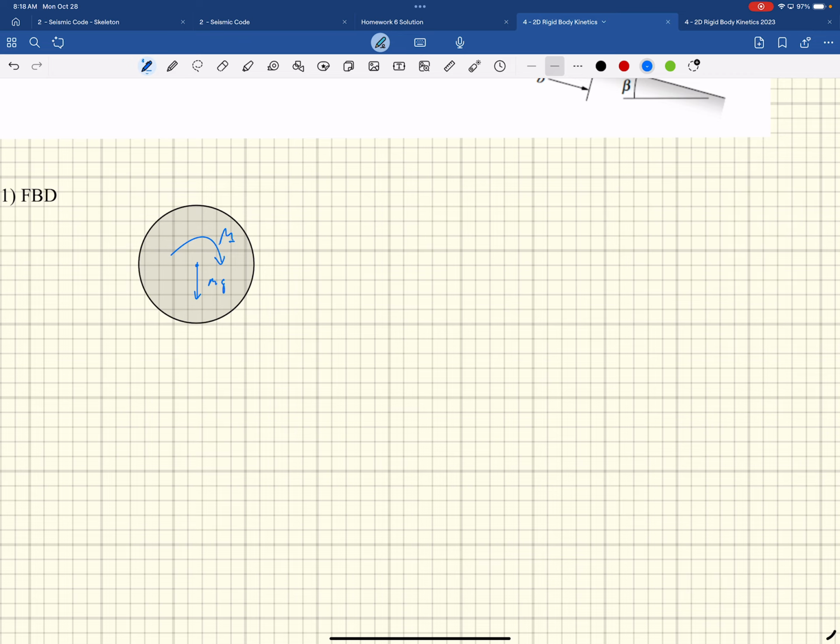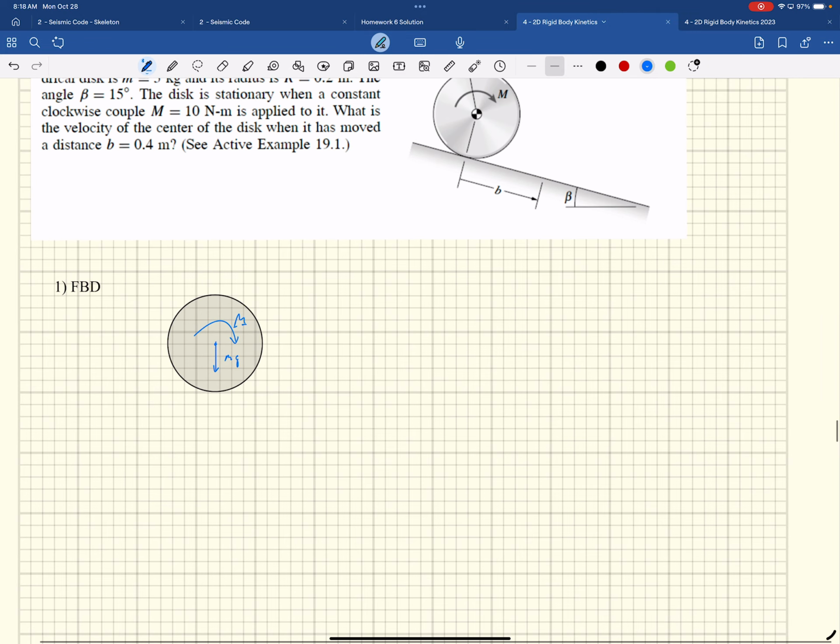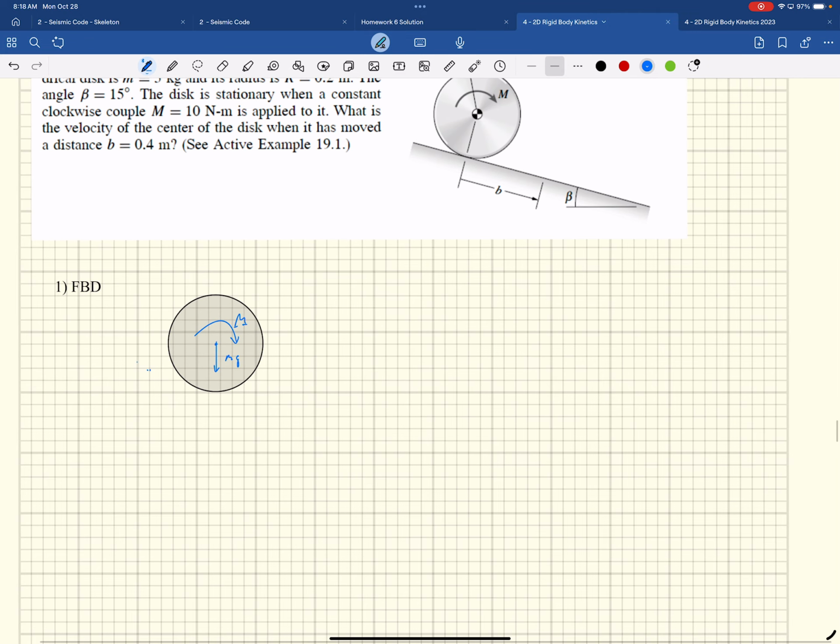I put legs on my M so you can see that it's not the mass there. And then a ramp is coming like this, so I'm going to have a normal force acting up like this, and then a friction force like this.